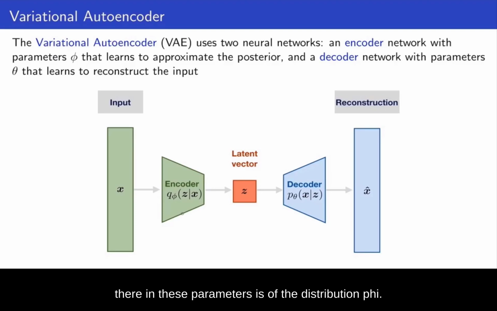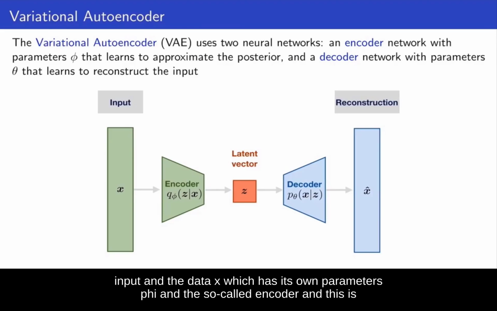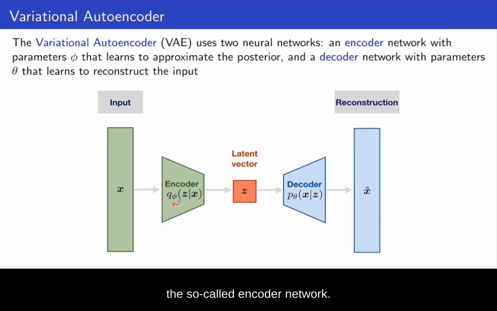So our distribution q is now parameterized by this function f that takes the input data x, which has its own parameters phi, and this is the so-called encoder network.